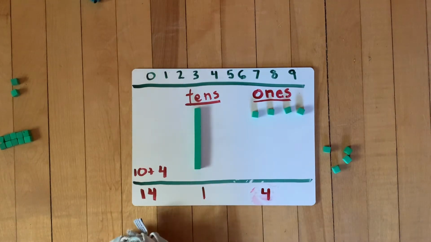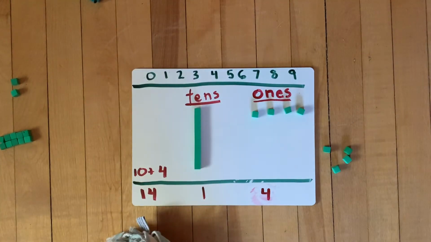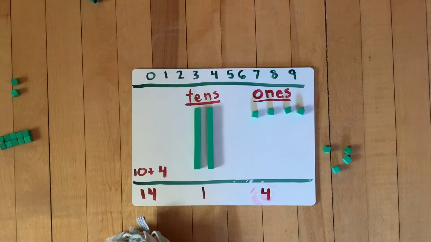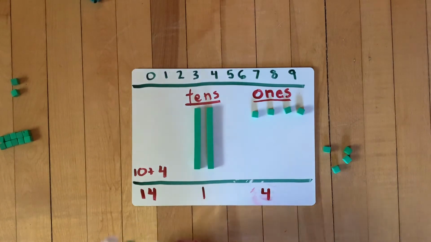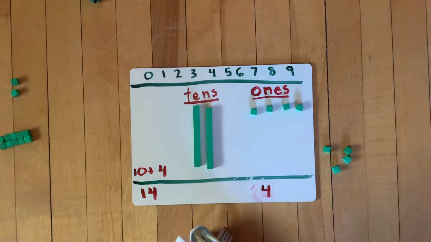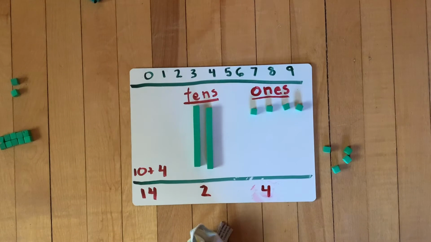Let's imagine that now I've counted out a lot of groups of 10 salmon. Do we have to keep counting by ones? What if I put another group of salmon like this aside? Now we have 1, 2. 2 tens, because I counted them.